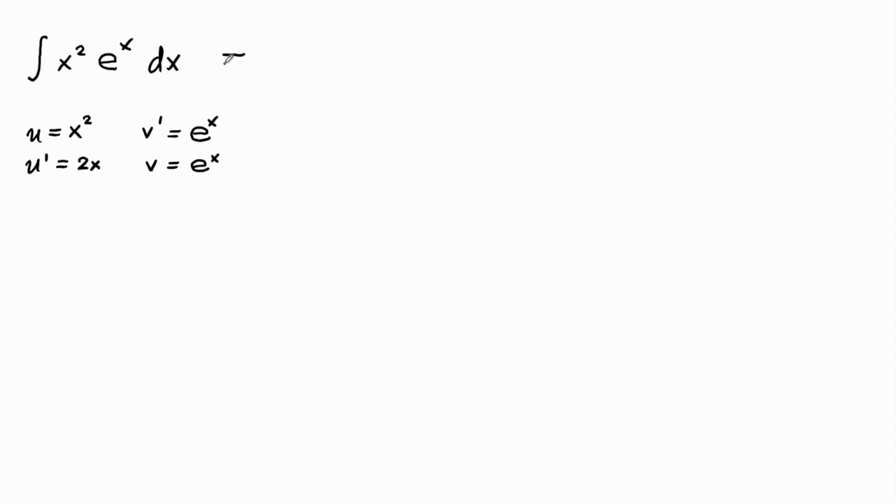So this integral is going to be equal to u times v, so we'll have x squared times the exponential function e to the x, and then minus the integral of u prime times v. So 2 is a constant, we can pull it outside, so 2 times x, and then the exponential function e to the x dx.